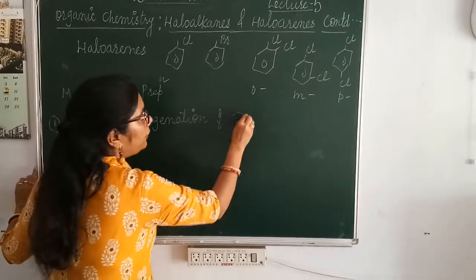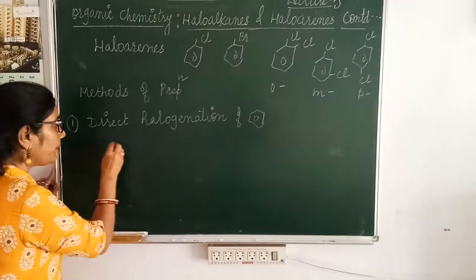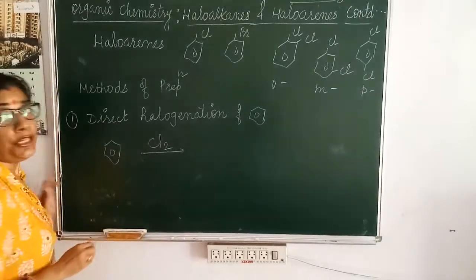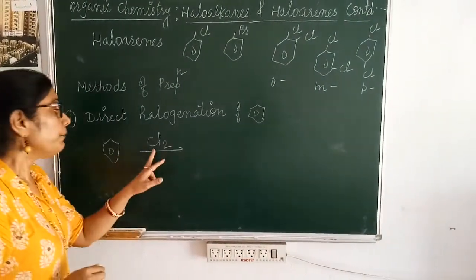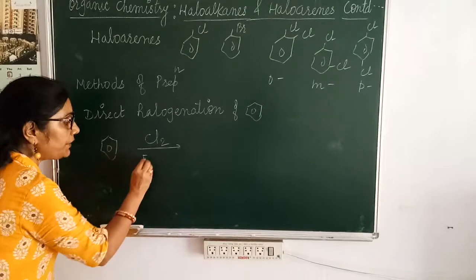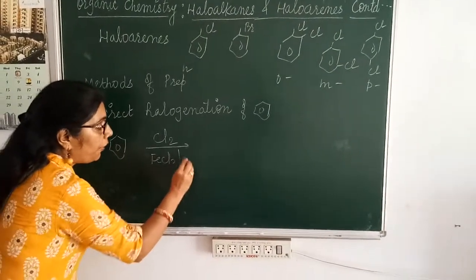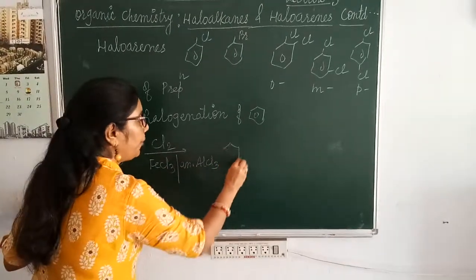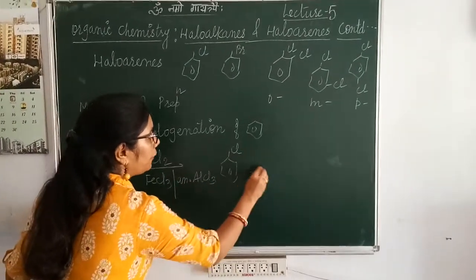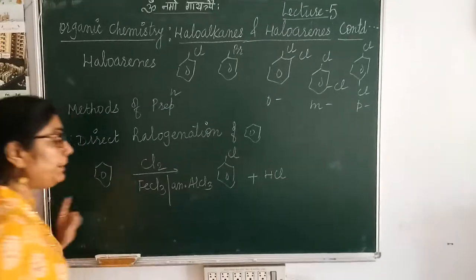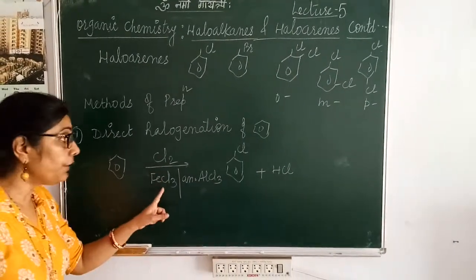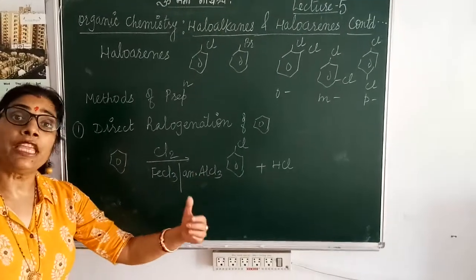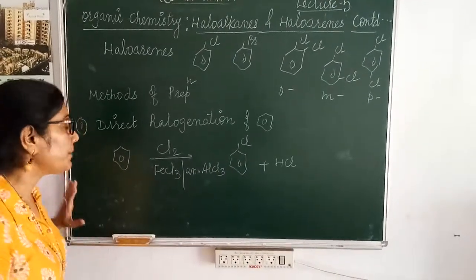When benzene undergoes halogenation, if chlorobenzene is to be prepared, we would use Cl2 in presence of FeCl3 or anhydrous AlCl3, and we get the product chlorobenzene. When Br2 is used in presence of FeBr3, the product will be bromobenzene. As usual, we cannot prepare fluorobenzene by this method.